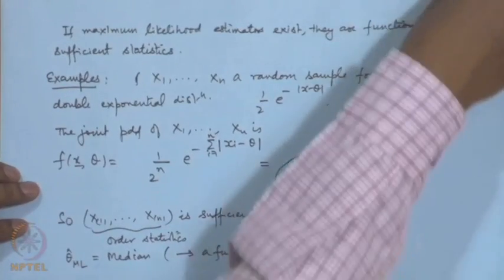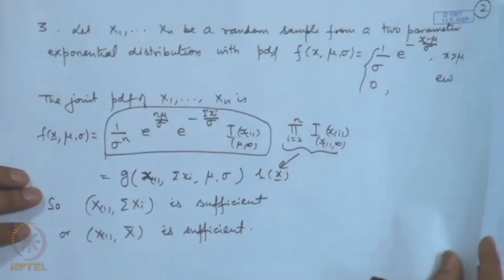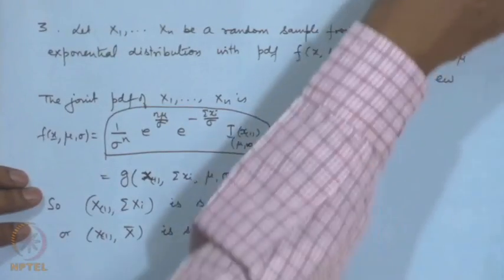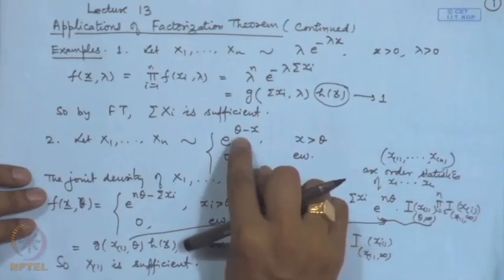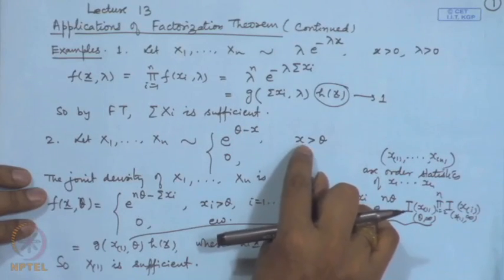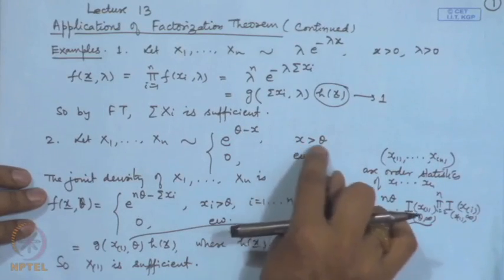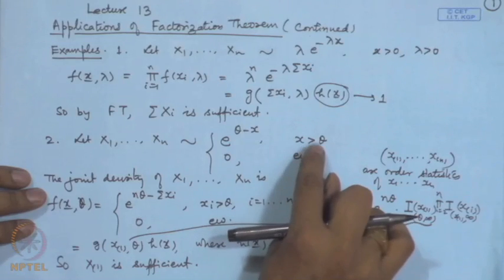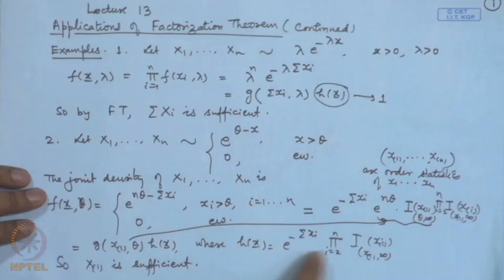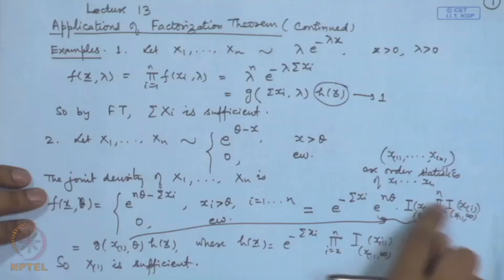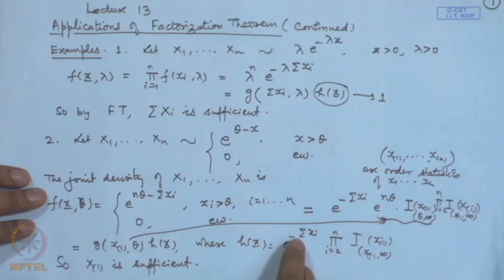Another thing which I just now pointed out, that many times when we are writing down the density function, say in this case, we have to incorporate the region of the variable which is dependent upon the parameter as a part of the joint density function, because if we do not include it, then we cannot derive the sufficient statistics.